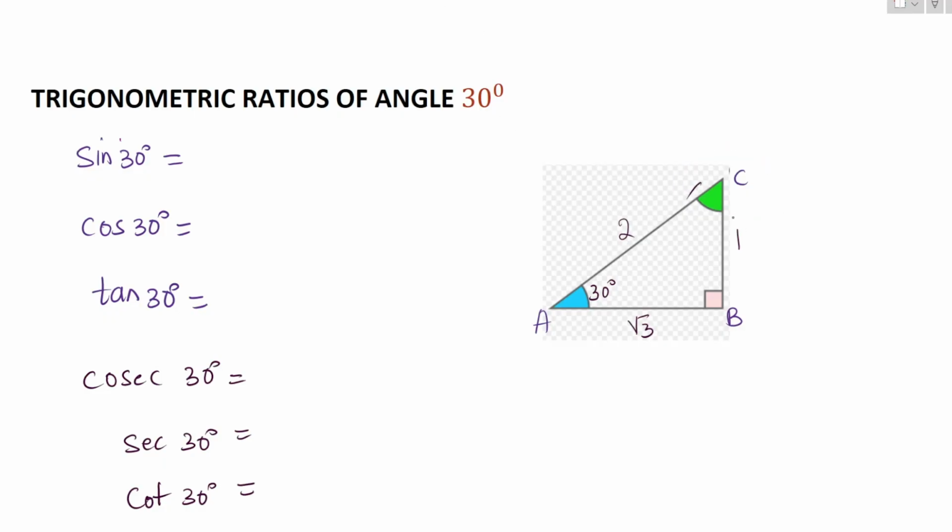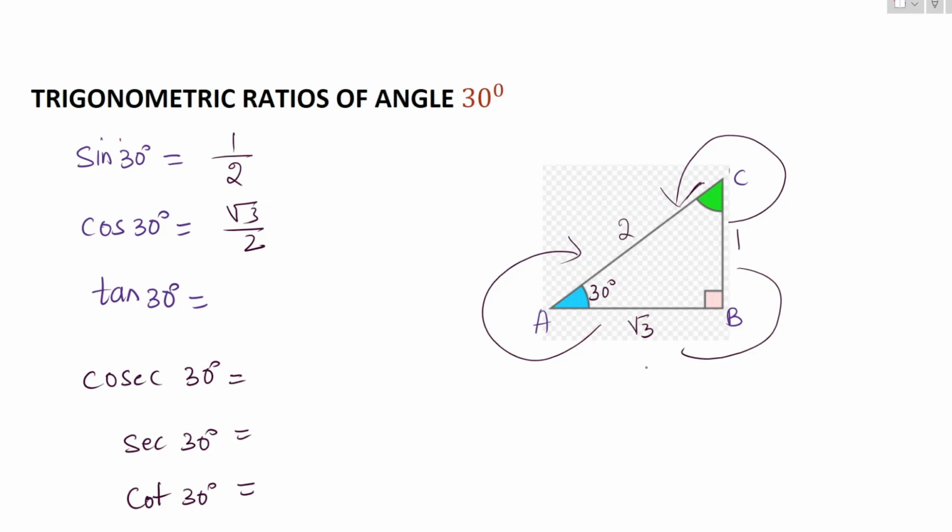Sin 30 degree is equal to opposite by hypotenuse, 1 by 2. Cos 30 degree is equal to adjacent by hypotenuse, root 3 by 2. Tan 30 degree is equal to opposite by adjacent, that is equal to 1 by root 3.